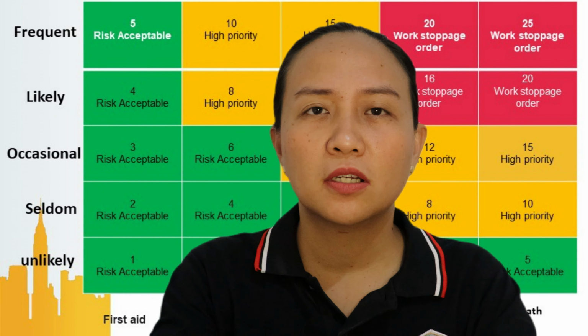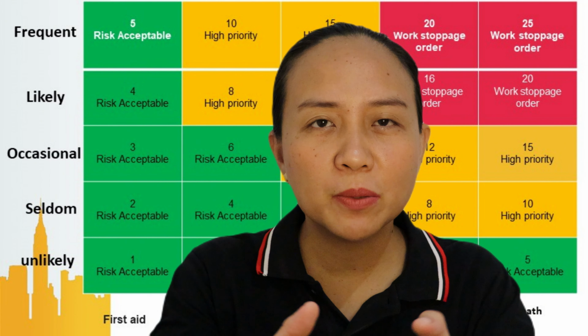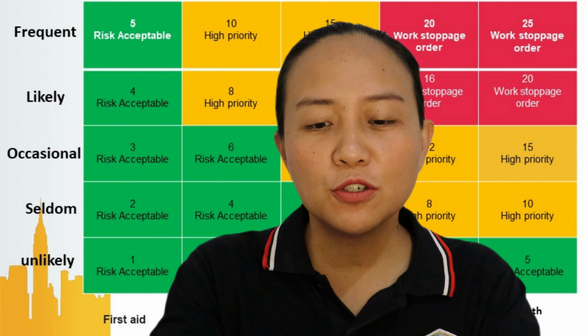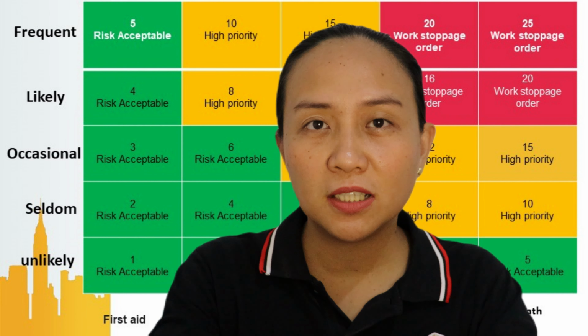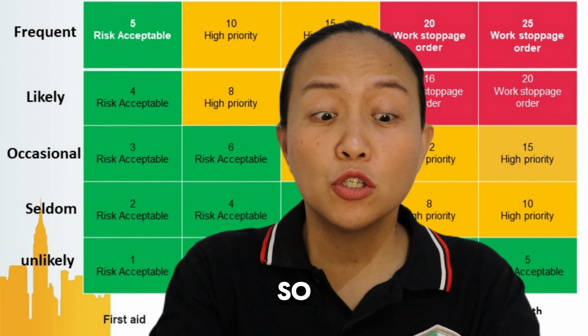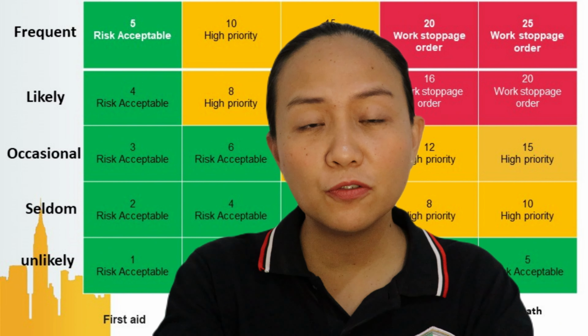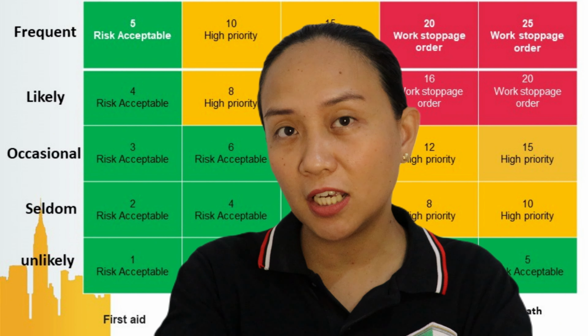a 5? So, we will quantify po that. We will make parameters. Okay? So, let's start with the horizontal or yung consequence. Okay? So, we will score it as 1 in terms of the injury if it is just a first aid case.